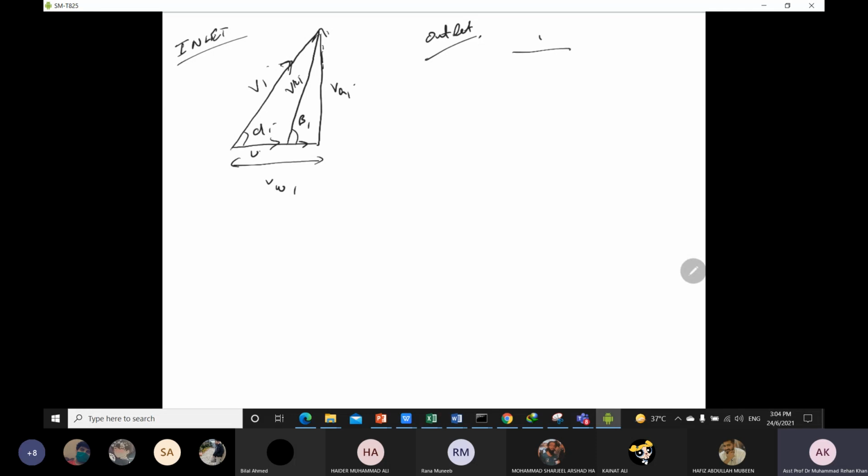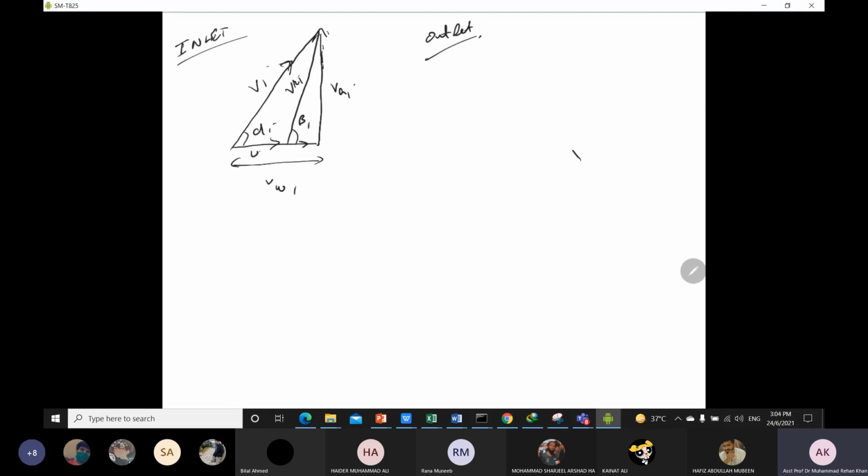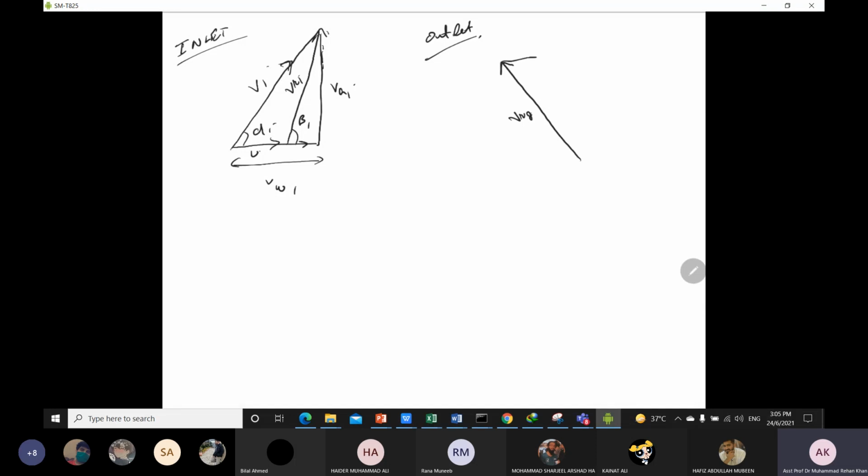So if we have U over there, and this is VR2, which comes from the outlet relative velocity, and then we have here U, and this is your absolute velocity.